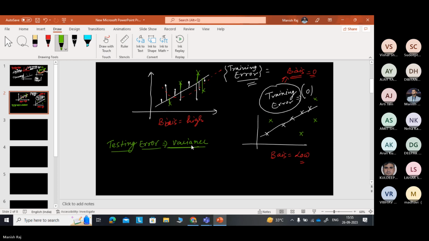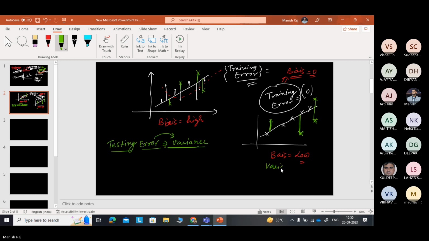This is not actually equal, testing error is not equal to variance, but you can say that it is a proportional thing. Variance is proportional to the testing error. So now tell me, this testing error or this testing error, which one is more? Tell me, what is your assumption?